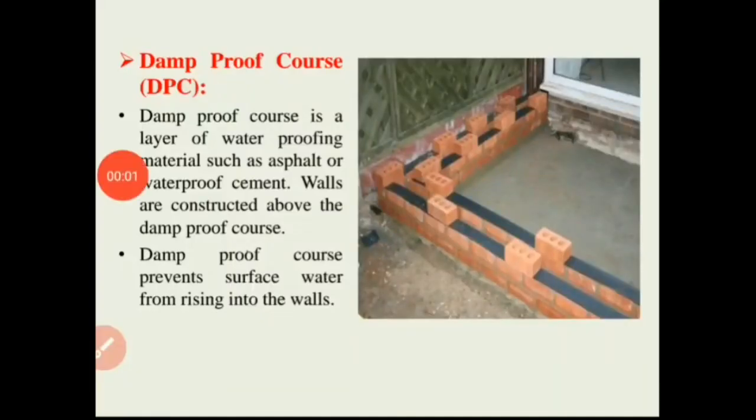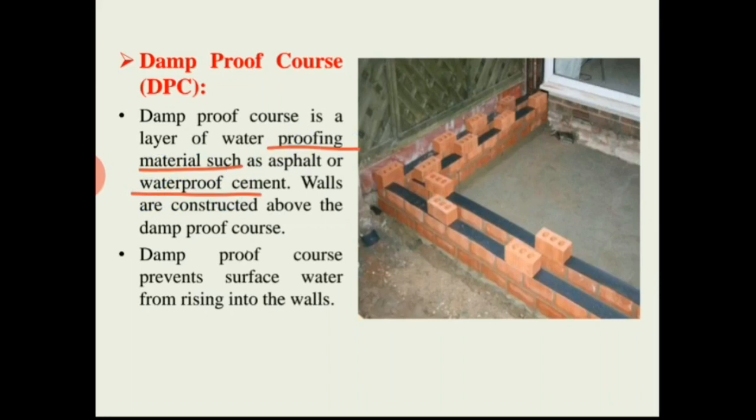So next is damp proof course, means DPC. This is the figure of damp proof course. Damp proof course is a layer of waterproofing material such as asphalt or waterproofing cement. Walls are constructed above the damp proof course.